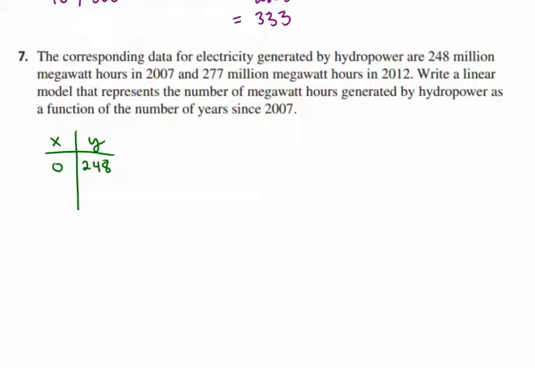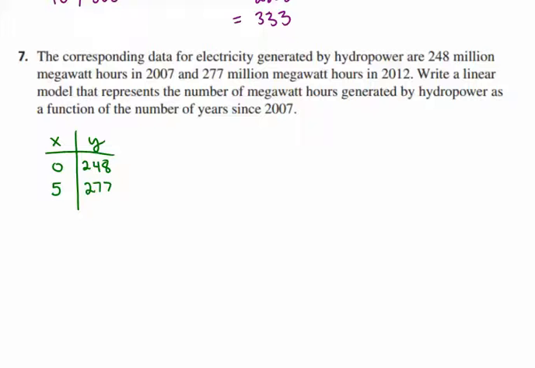And then in 2012, which would be 5 years later, there was 277 million. And all we're asked to do here is to write the linear function. We're not trying to use it in this particular instance to estimate anything.